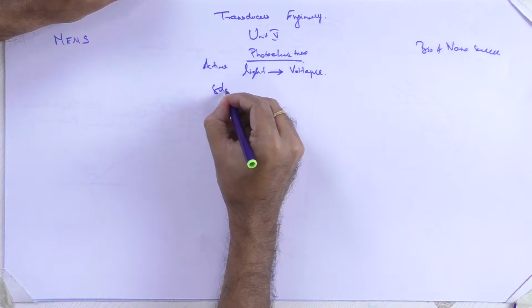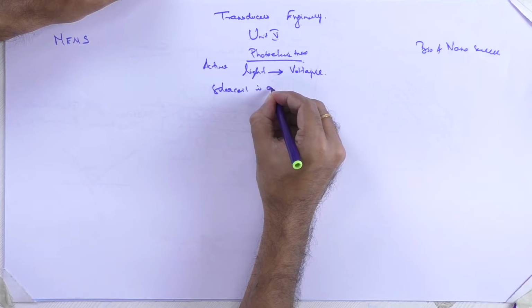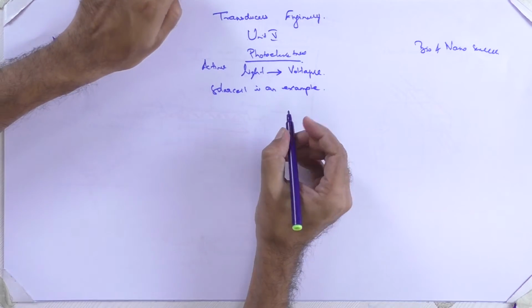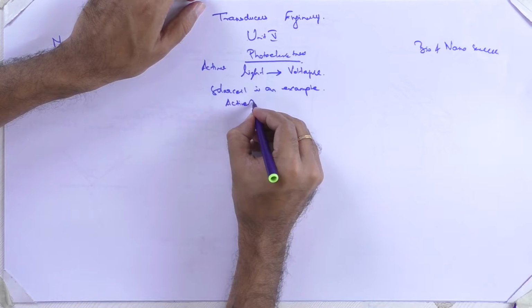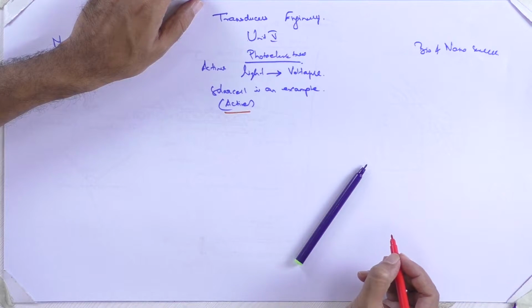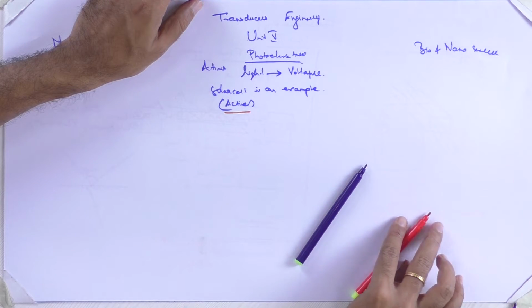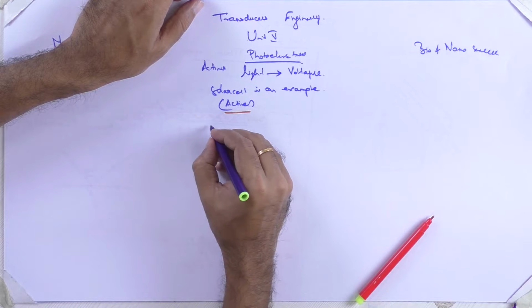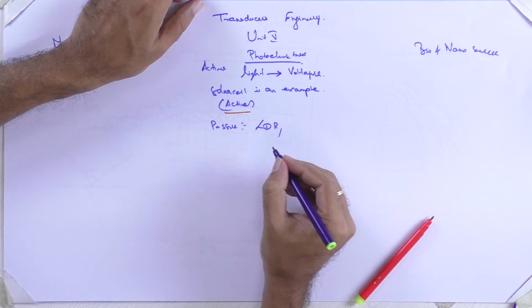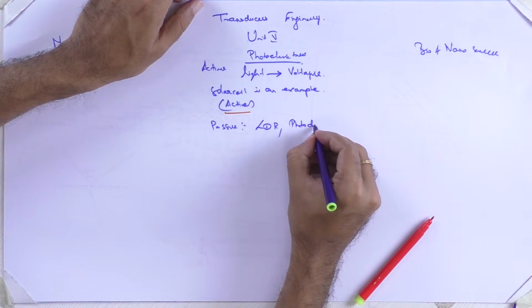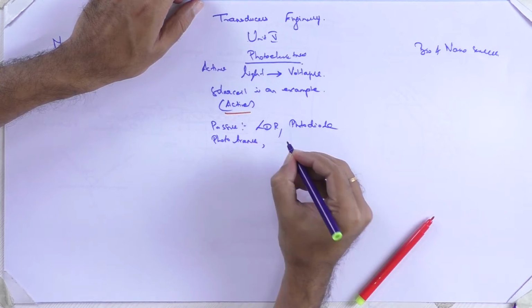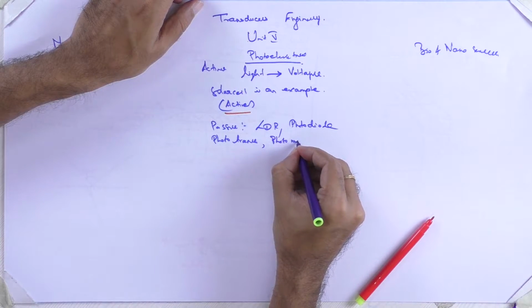A solar cell is an example of an active photoelectric transducer. This is an active photoelectric transducer, and if you want passive examples, we have our LDR, light dependent resistor, photodiode, phototransistor, and finally our photomultiplier.